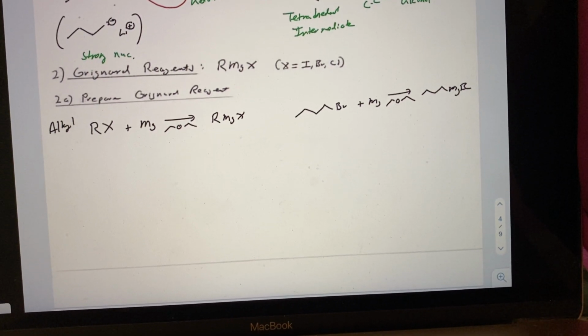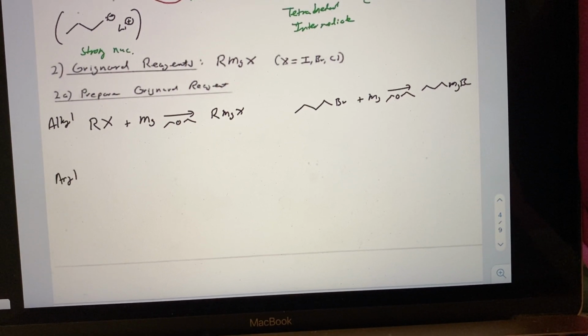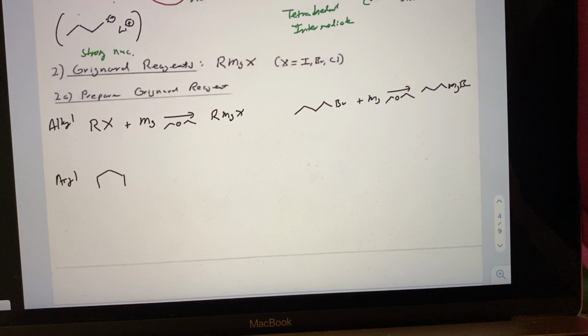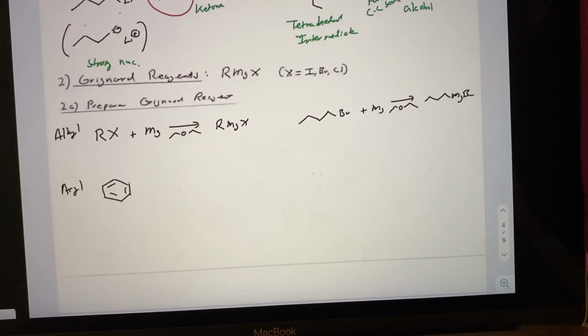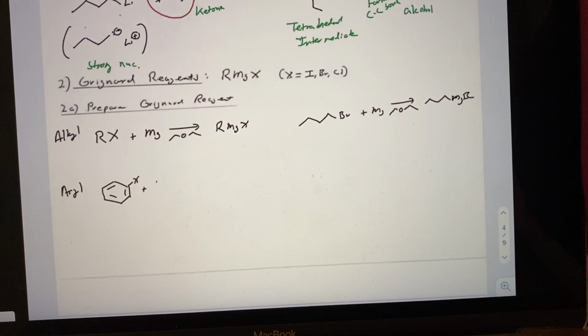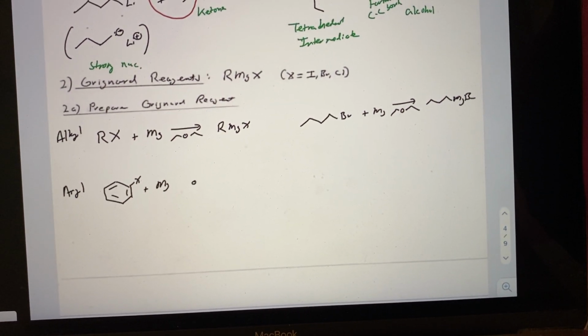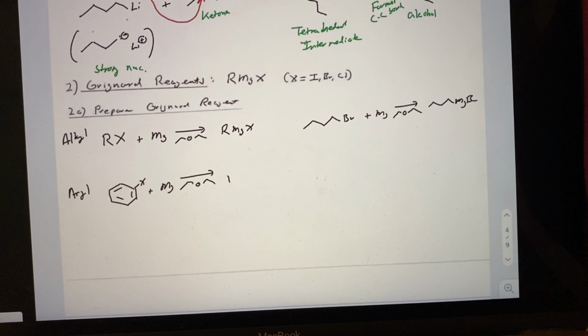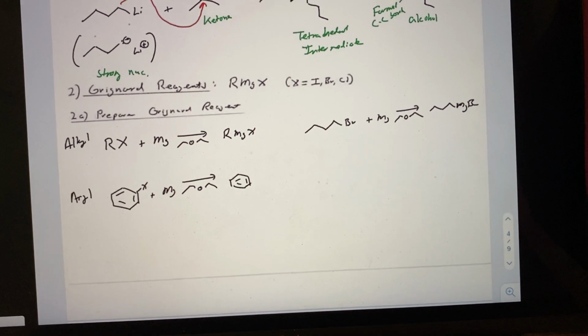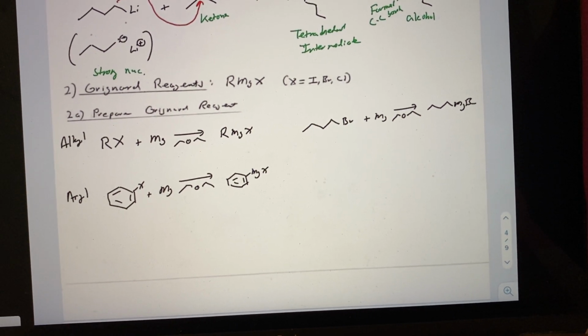You can also do this with aryl groups. It's part of the generality of this reaction. So we could take benzene with X, presence of magnesium, and we'll have MgX.